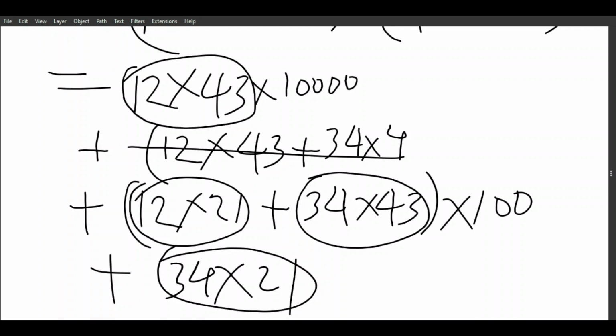So we'll show this in a graph, how this is done, all divide and conquer steps, and then find the time complexity of the algorithm. So we start with the original problem. Original problem is 1, 2, 3, 4 multiplied by 4, 3, 2, 1.